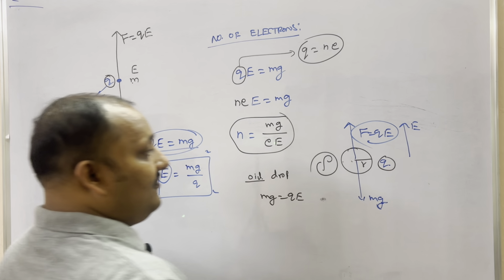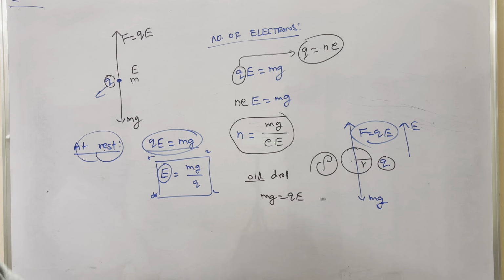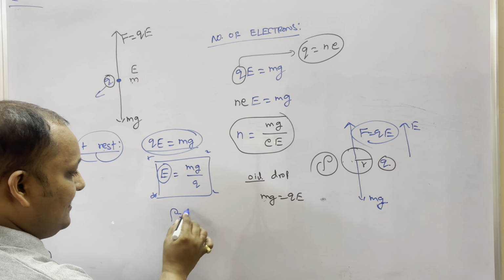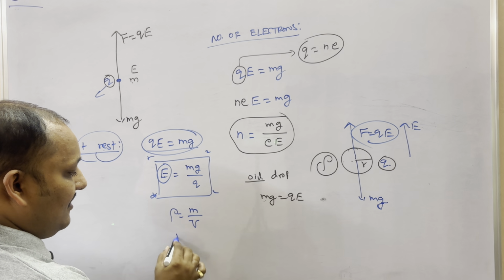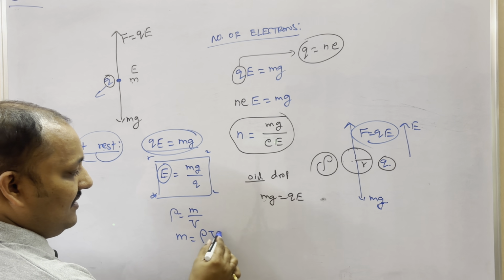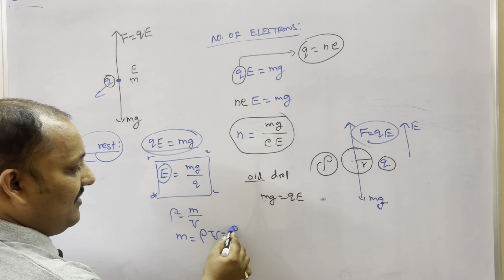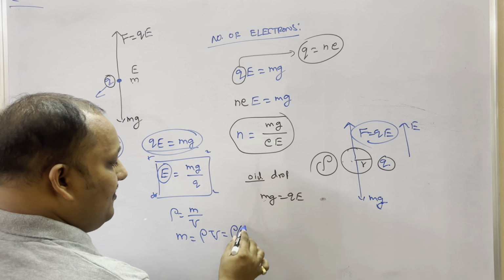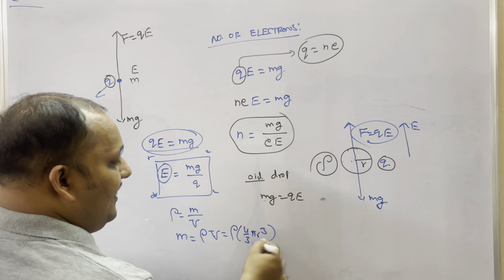In place of mass, they gave density, so mass can be changed in terms of density. How will we write it? Density rho is equal to mass per unit volume, then mass is equal to density into volume. What is the volume formula? The volume of the oil drop is 4/3 pi r cube.